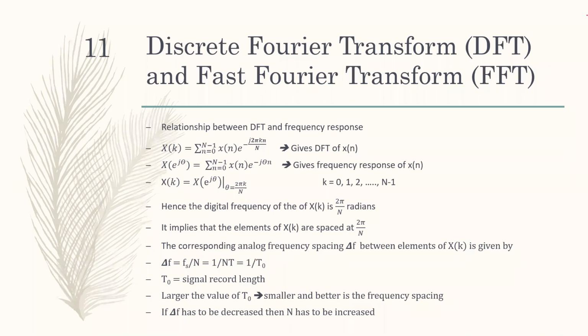Another thing to identify here is that if delta f has to be decreased, then N has to be increased. Generally, if the sampling frequency is chosen properly, aliasing will be eliminated in the initial stage, and later you can proceed in this form. Once I have done this, I don't have control over it. What I can do is try out how many samples are present.